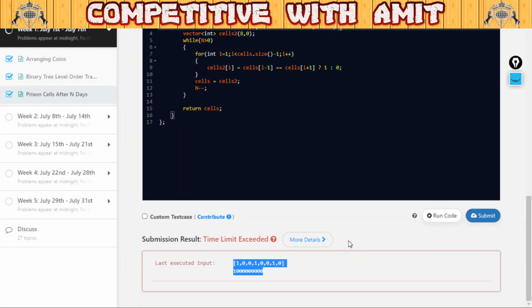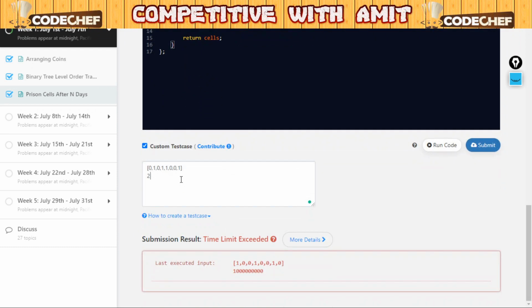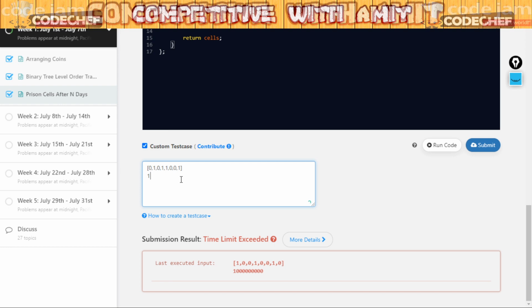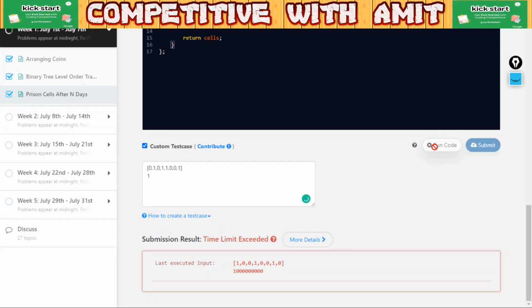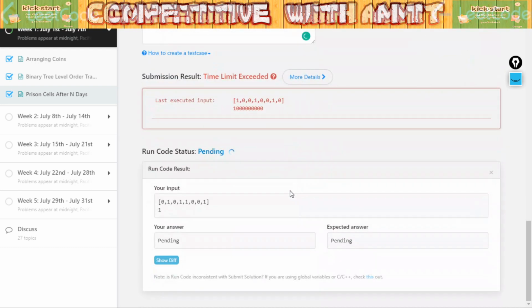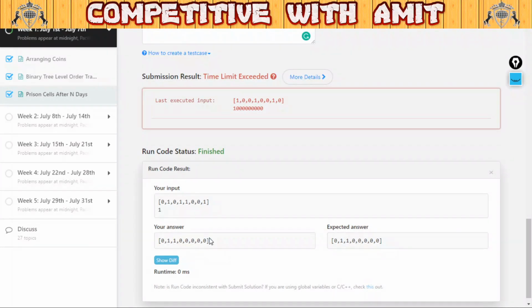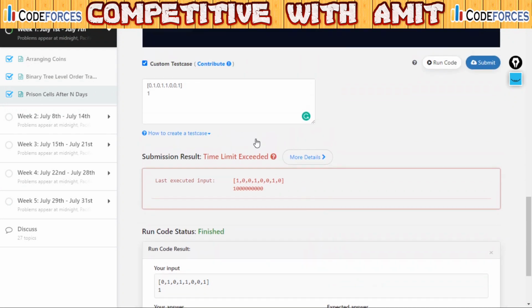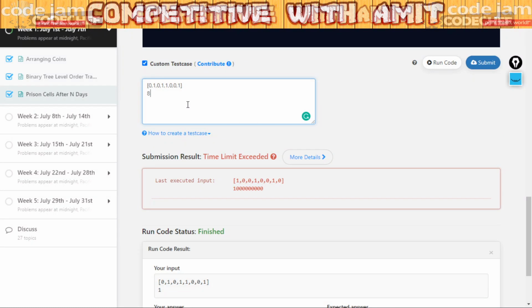So now we will try to observe some pattern. How will we observe some pattern? We will use this custom run test. In this I'll run for the first one, I'll run the code and try to find out. So for one I got 0 1 1 0 0 0 0. Now I'll try to find out for 8.